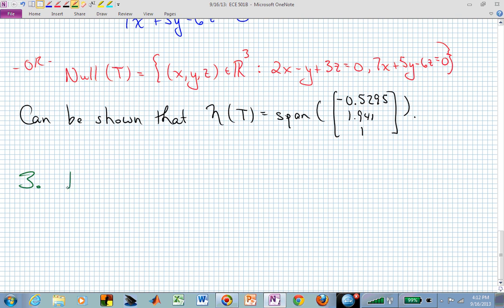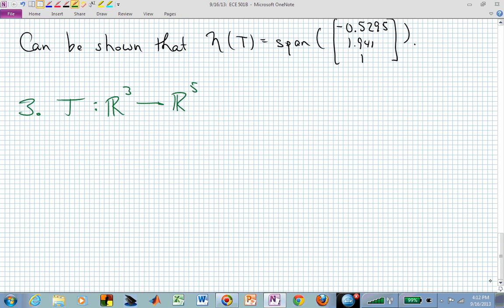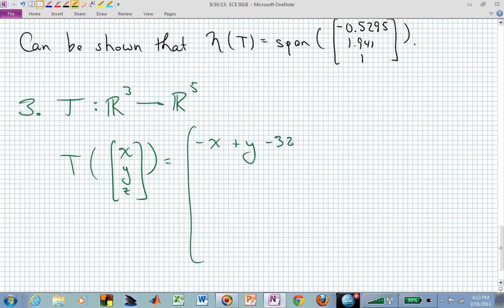For example, suppose that we have a linear map T from R3 up to R5, where now this linear map is going to map this 3 vector into a 5 vector, where the first component of that 5 vector is related to those 3 coordinates of the vectors in the domain is minus x plus y minus 3z.